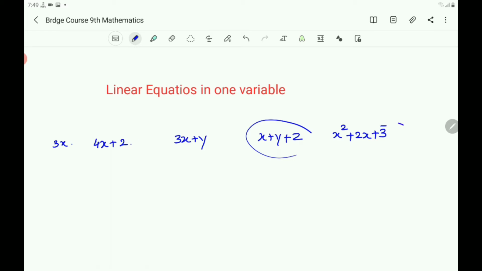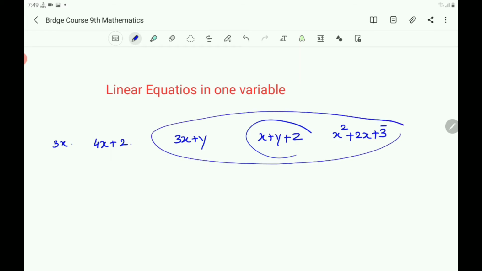So here let us leave all this because they are not the linear equation in one variable, because this linear expression is having two variables, this expression is having three variables, and this expression is having one variable, but the highest power of the variable is what? That is 2.